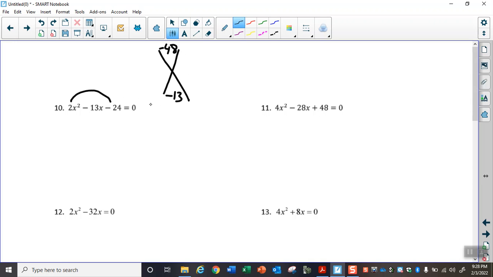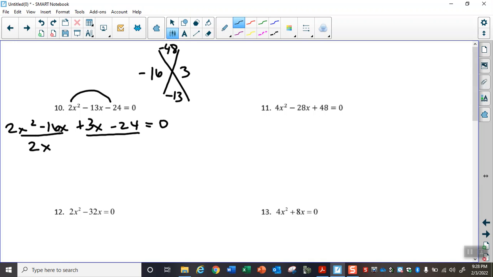And then you're going to do just what we did before. Let's see, that would be negative 16 and 3. So we'll have 2x squared minus 16x plus 3x minus 24 equals 0. GCD.